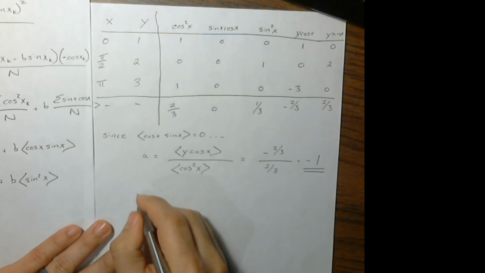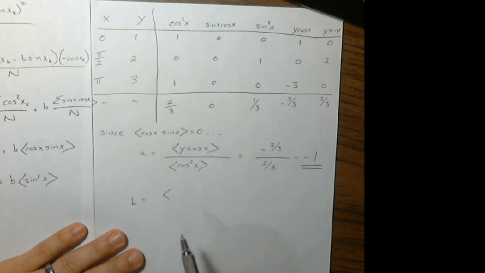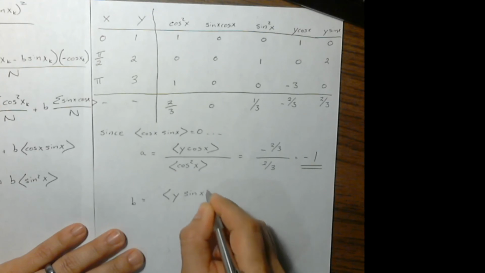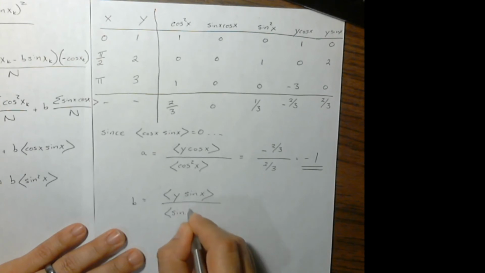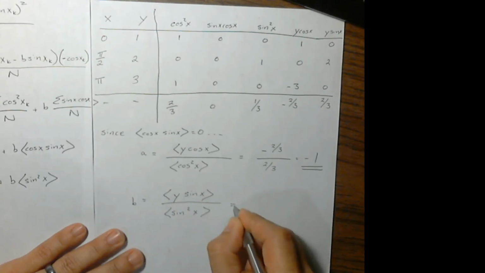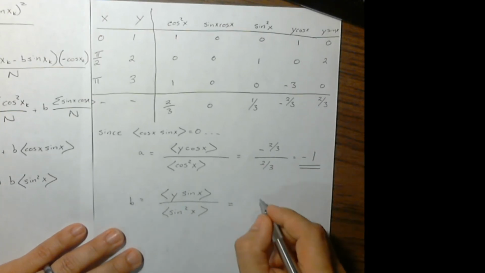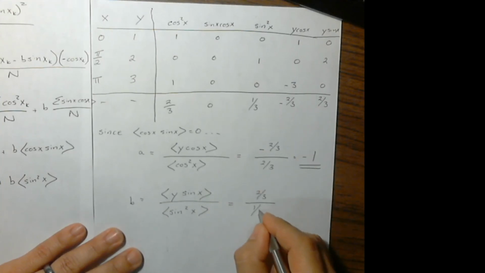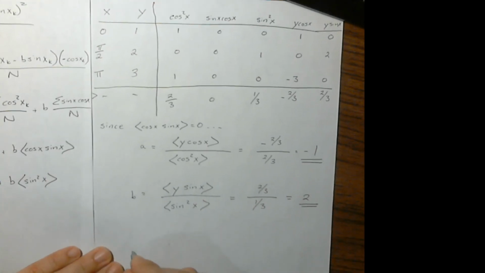There's A. And B. Let's see. B is going to wind up being, let's see, so y sine x is 2/3. And sine squared of x was 1/3. So my fit is this.